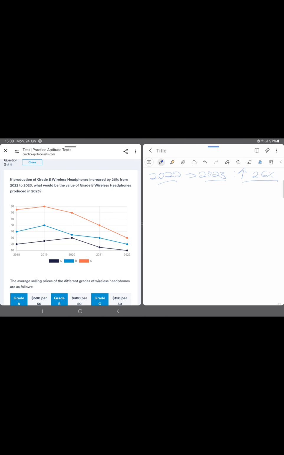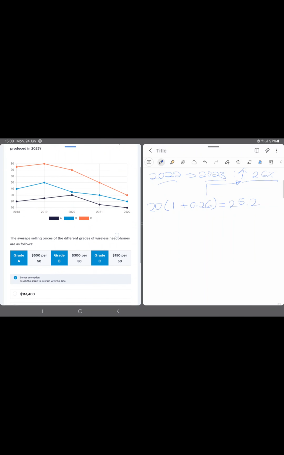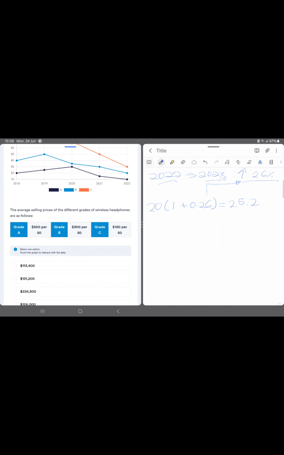So to get the value for 2023, we'll have 20 times 1 plus 0.26, which is this 26% here. This gives us 25.2. So this is the quantity. We have to calculate the value from there. Here we can see that for grade B, we've got the average selling price of 300 per 50.